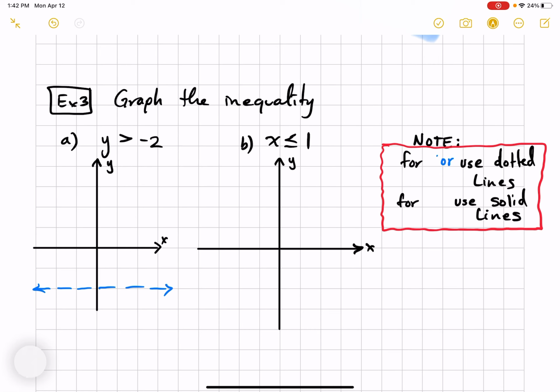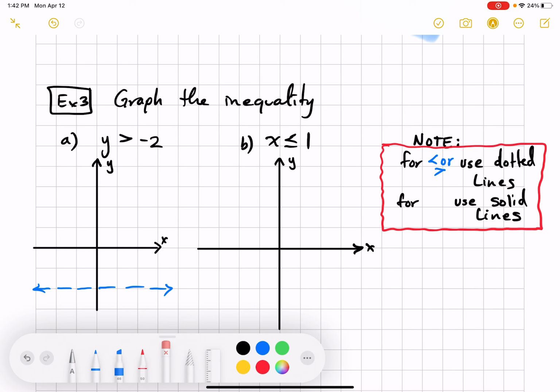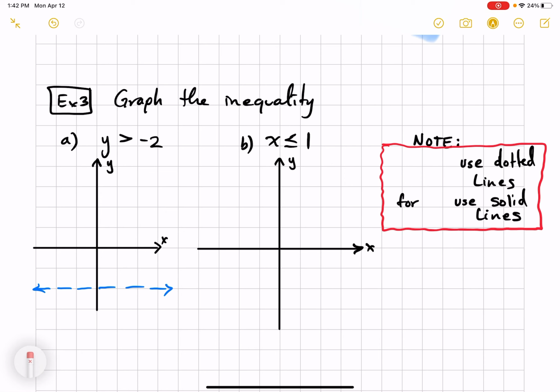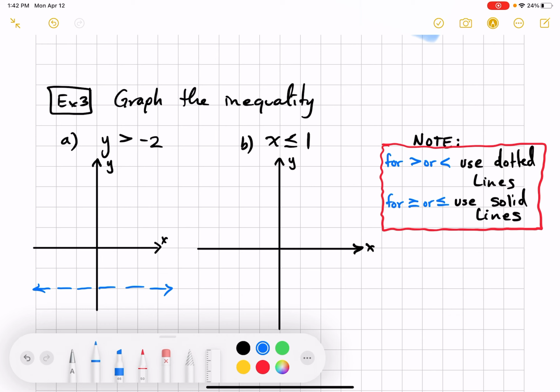For greater than or less than, we're going to use dotted lines, and for greater than or equal or less than or equal, we're going to use solid lines. Again, solid line meaning that the actual numbers on the line are part of the solution.